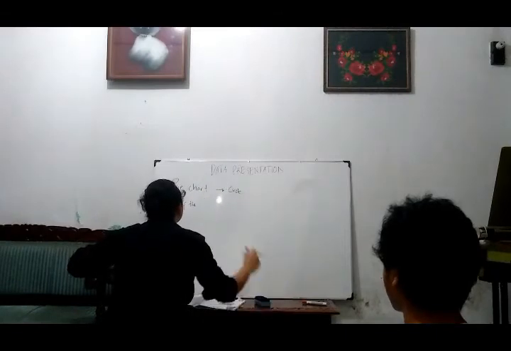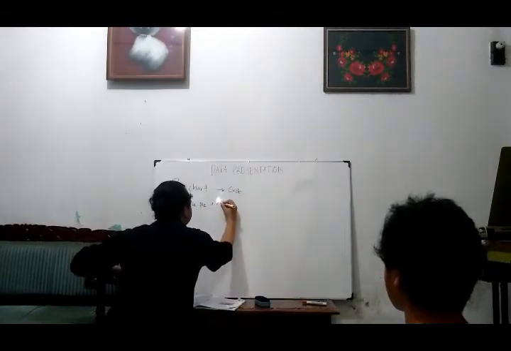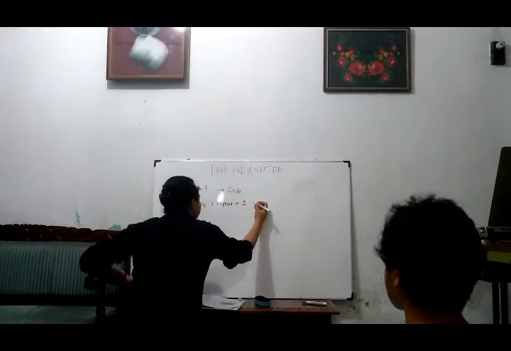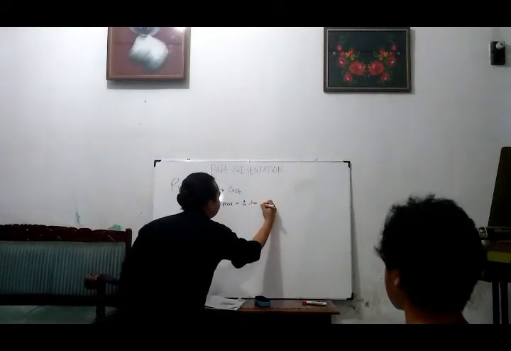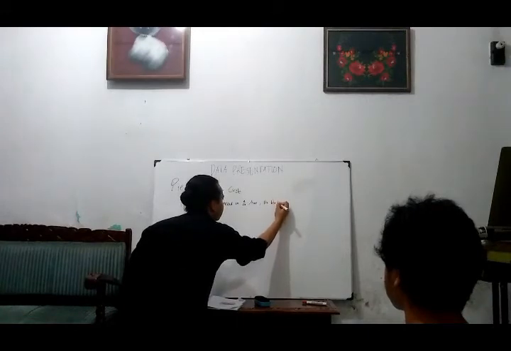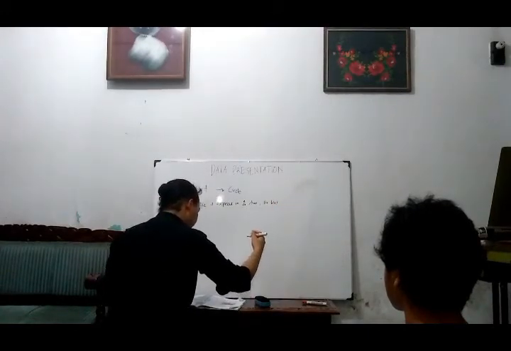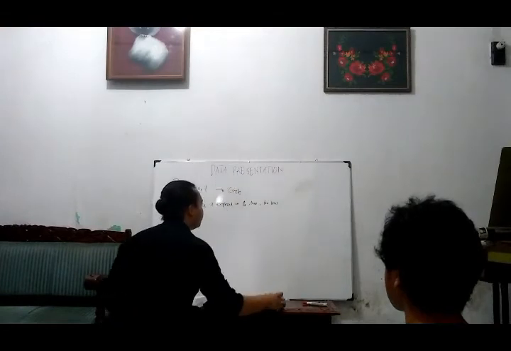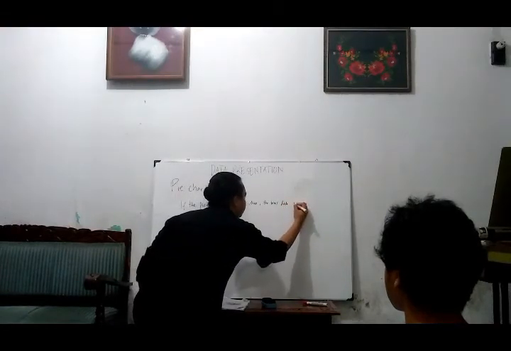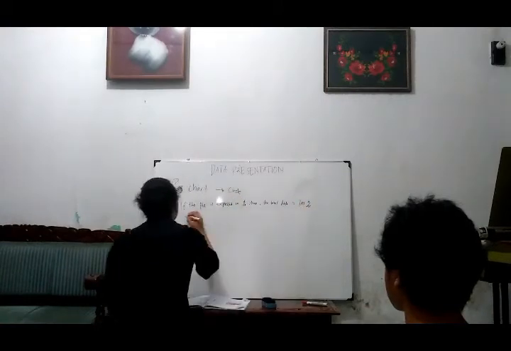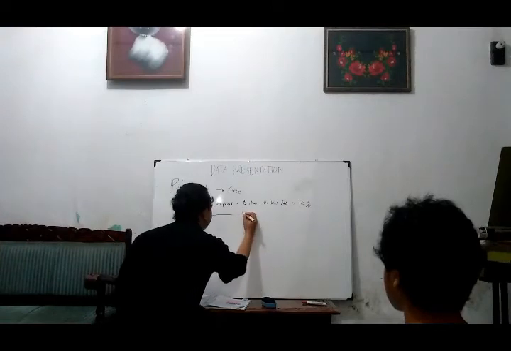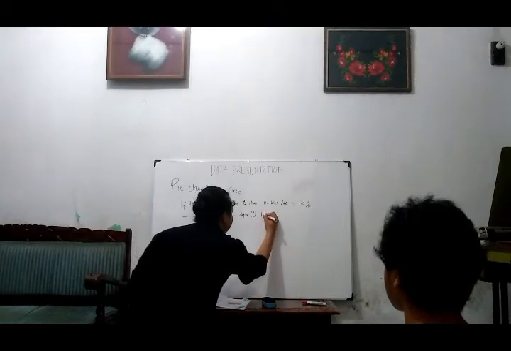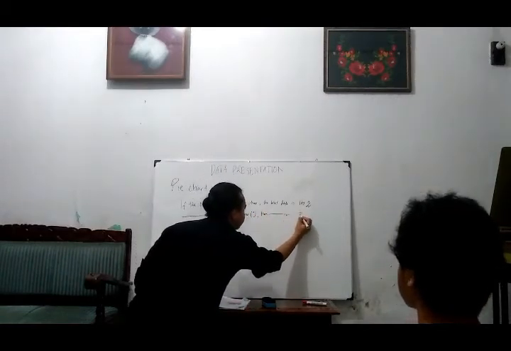If the pie is expressed in percent, then the total data is 100%, and if the pie is expressed in degrees, then the total data is 360 degrees.